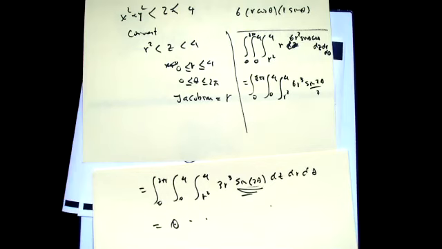Because by symmetry, the triple integral of xyz would have been 0. z is always positive, and x and y in different octants are opposite of each other, so it would have worked.